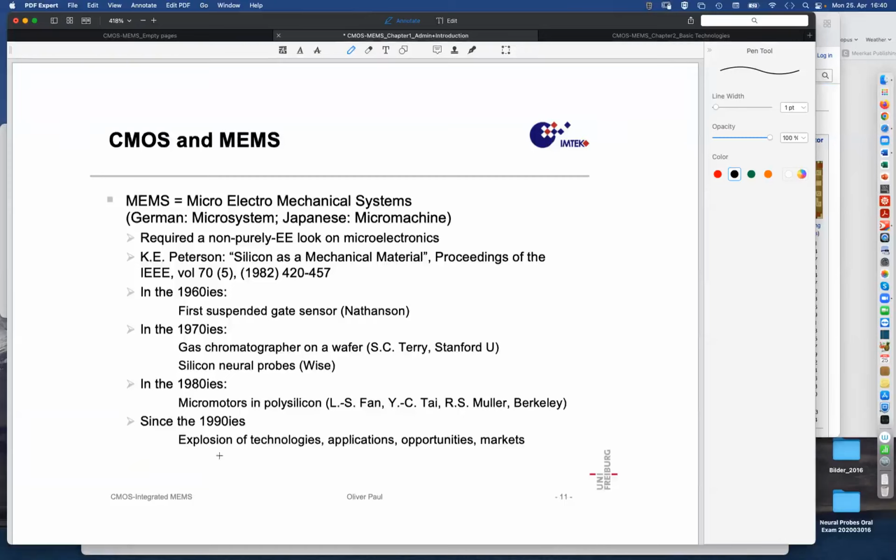And so they had this non-purely electrical engineering look on microelectronics, and actually it started in the 60s, but then I would say it had a first eye-catching paper that really caught people's attention. It was a paper by Kurt Peterson, Silicon as a Mechanical Material.